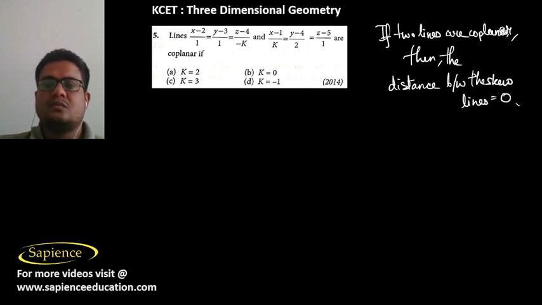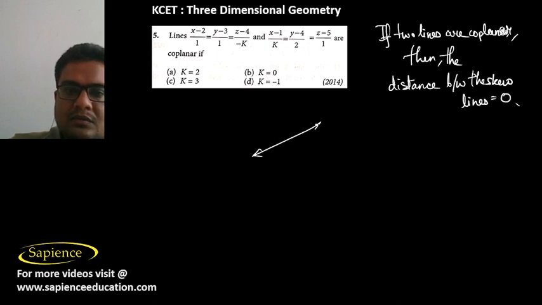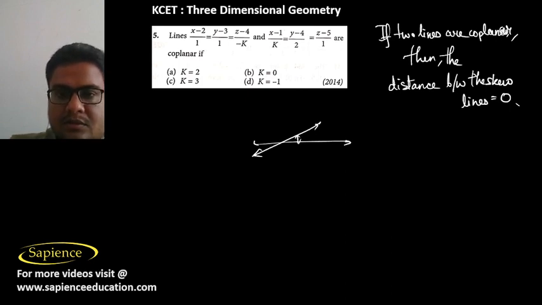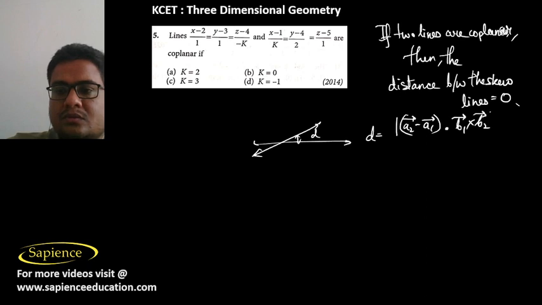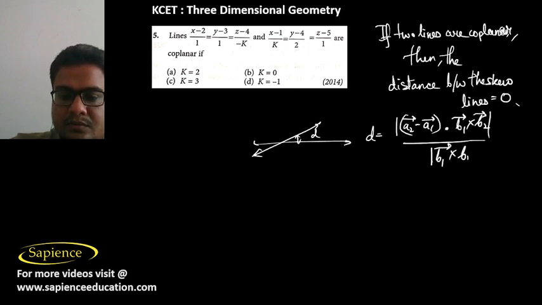For any two straight lines which are neither parallel nor intersecting, the distance d between them is given as mod of a2 minus a1 dot b1 cross b2, divided by magnitude of b1 cross b2.